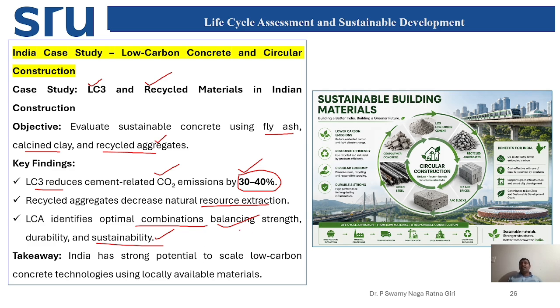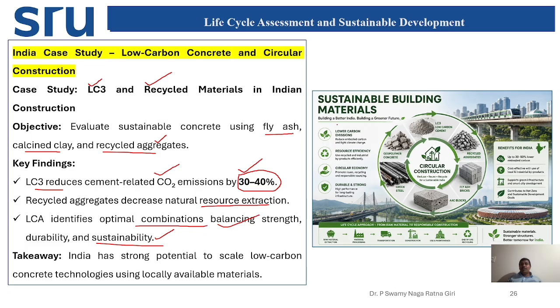So what are the key impacts of sustainable building materials here? Whichever product we manufacture is recyclable and has lower carbon emissions. Maybe fly ash bricks, alkali-activated concrete bricks, and green steel. Green steel is recyclable steel, geopolymer concrete, LC3-based cement.